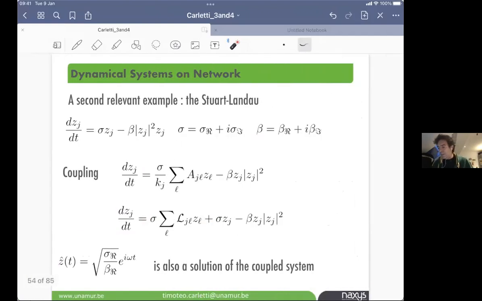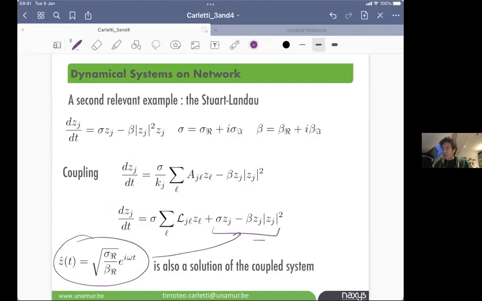The answer is yes. I didn't prove it because the proof is the same as last time, but you can show easily that the solution for the limit cycle is also a solution for the coupled system. Why? Because if you plug this solution that does not depend on the node anymore into this part, this is 0 because of the computation that I just did.